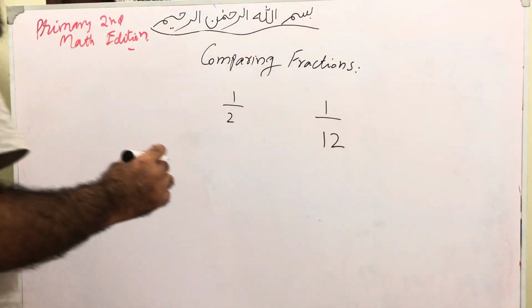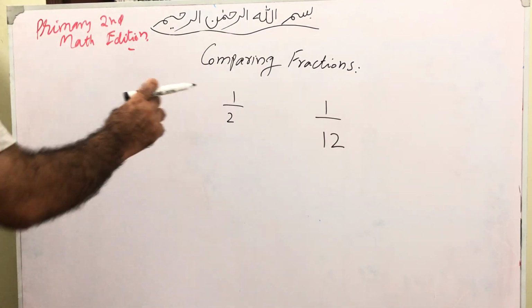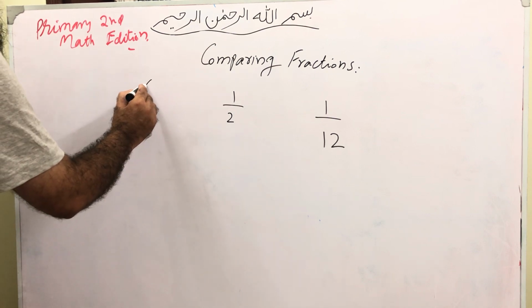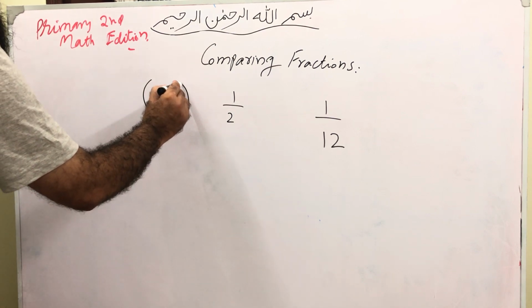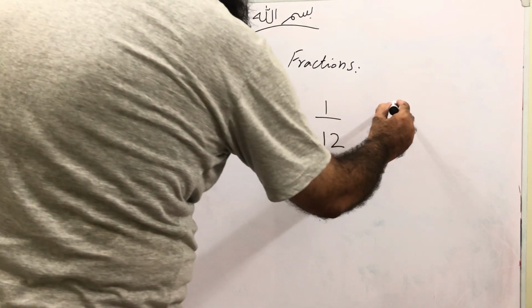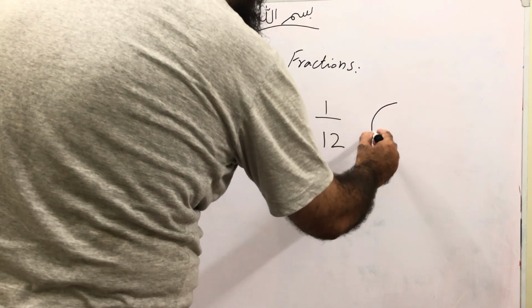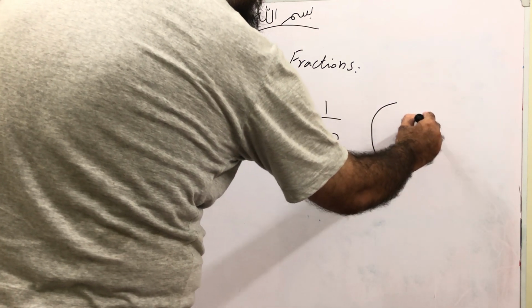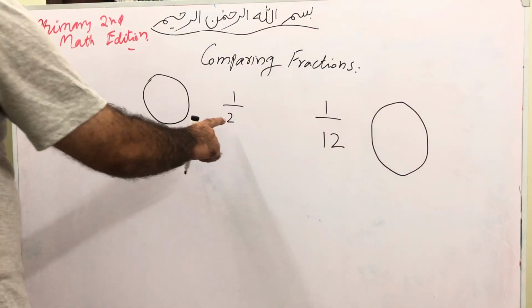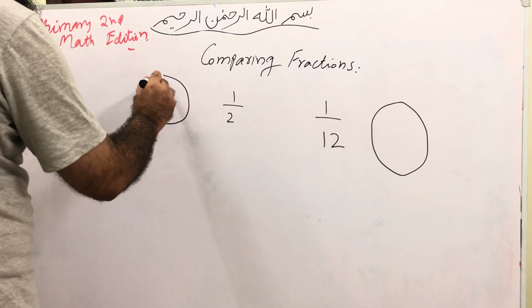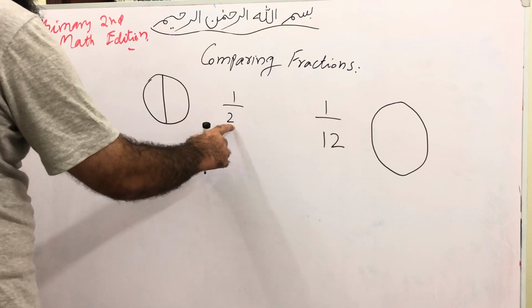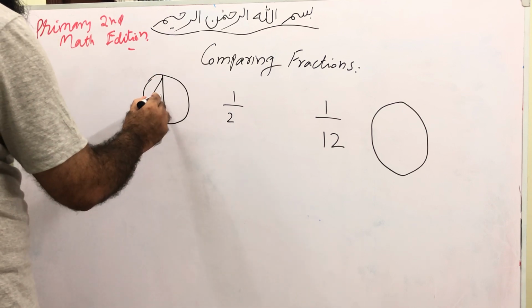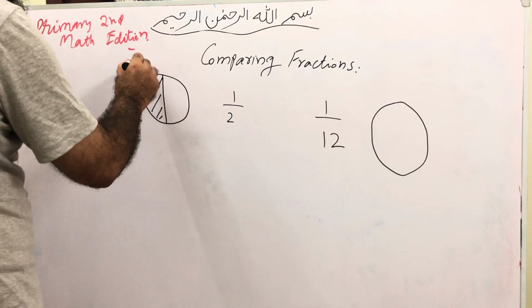Which one is bigger and which one is smaller? 1 over 2 means there is one pizza, and here is one pizza, both the same size. Here we have only 2 parts. The denominator shows 2 parts. Ali got only one. This is Ali's share.